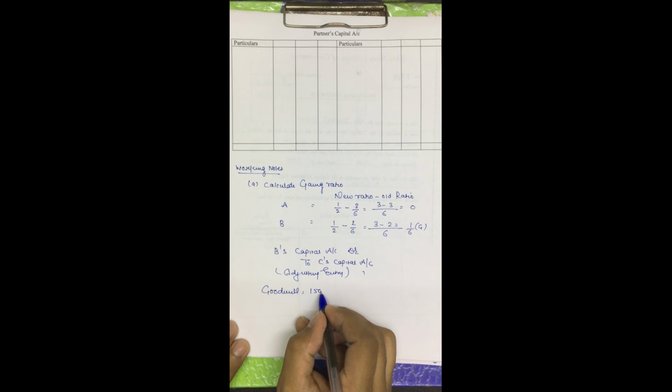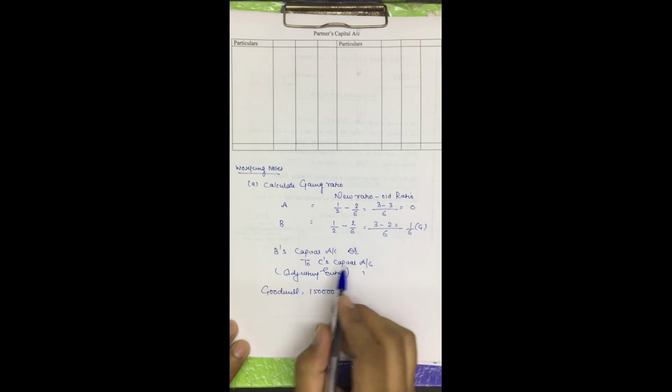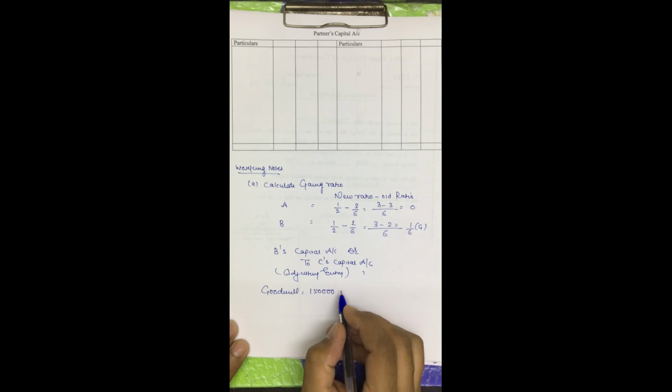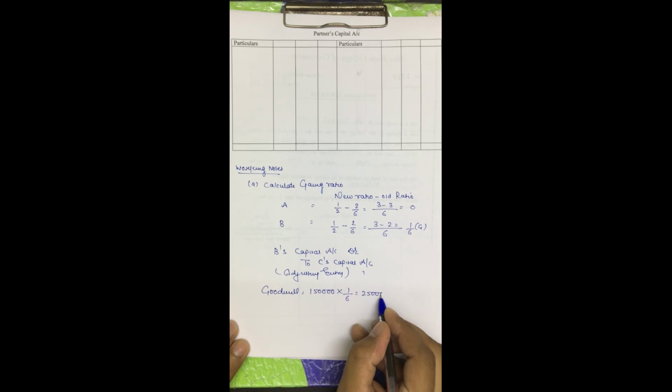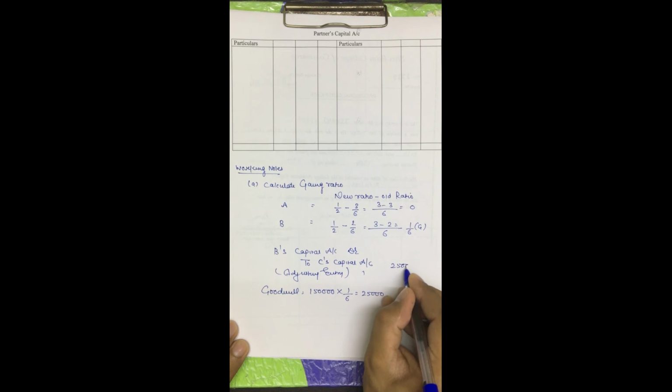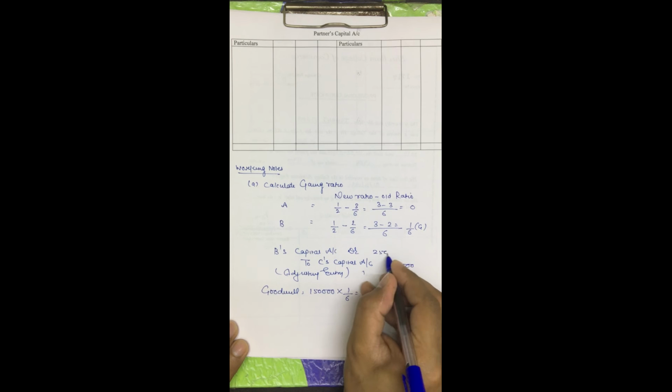Goodwill given is 1,50,000. And I already told you in the previous lecture, firstly calculate the share of the retiring partner, that is 1 by 6, that is 25,000. So 25,000 here, and only B has gained, that is 25,000 here. So this is the working note we have to pass first.